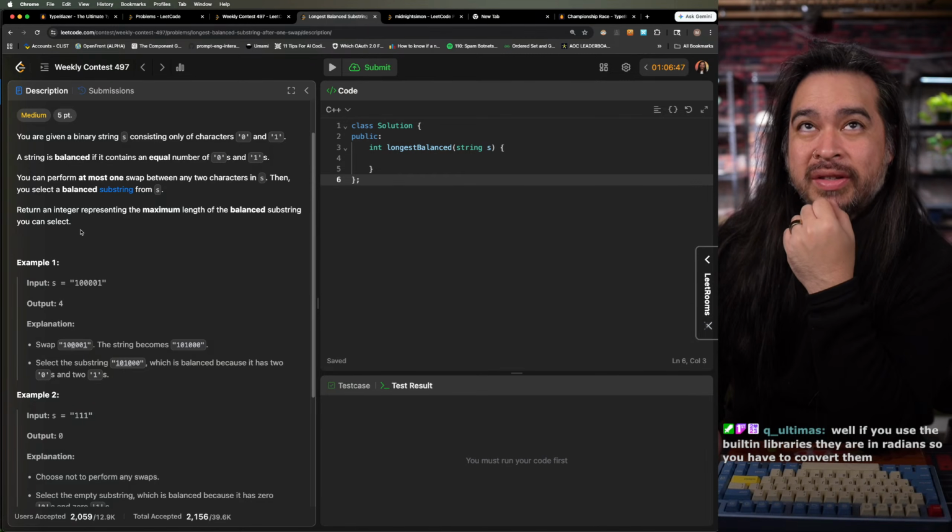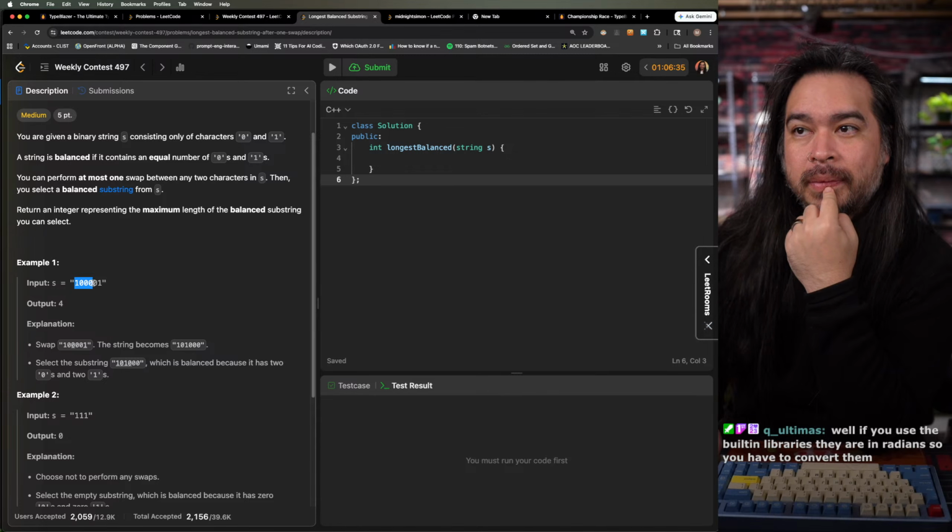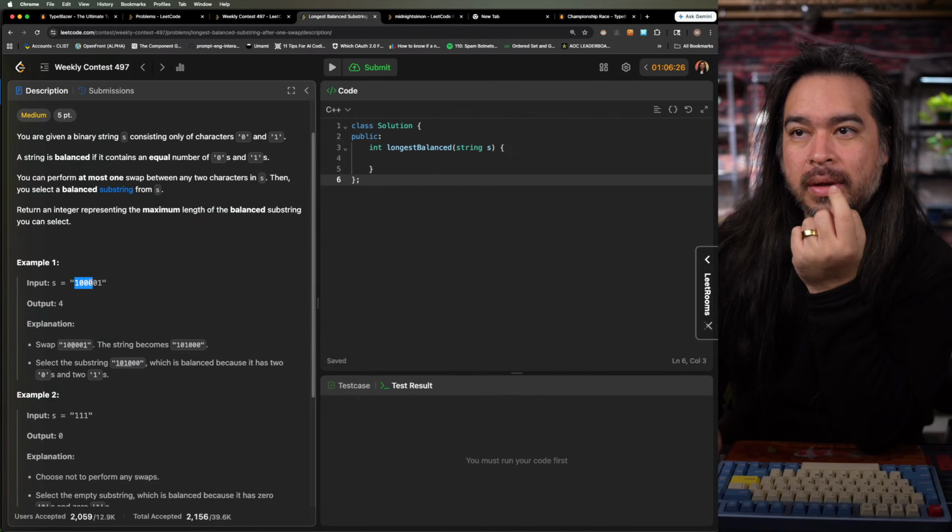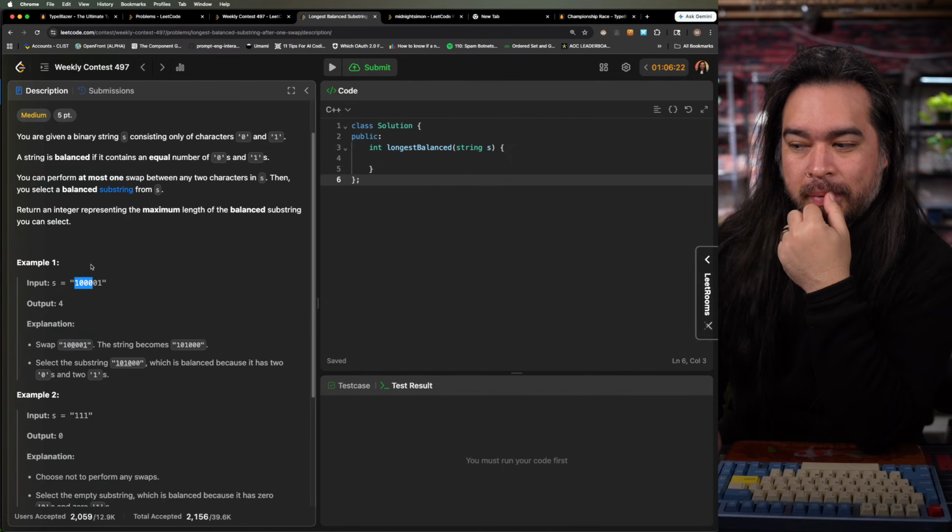Can I binary search on, maybe I can do sliding window where I can allow for a difference of like 2.